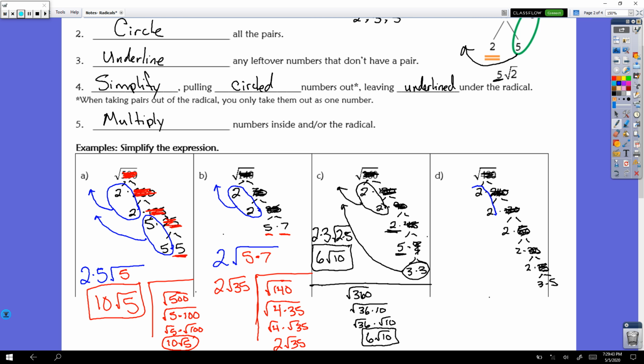I have two groups of 2, and then I have a 2, a 3, and a 5 left over. So this time I'm taking out 2 groups of 2. So I would have 2 times 2 on the outside. On the inside, I would have 2 times 3 times 5. So that would be 4 on the outside and 30 on the inside.